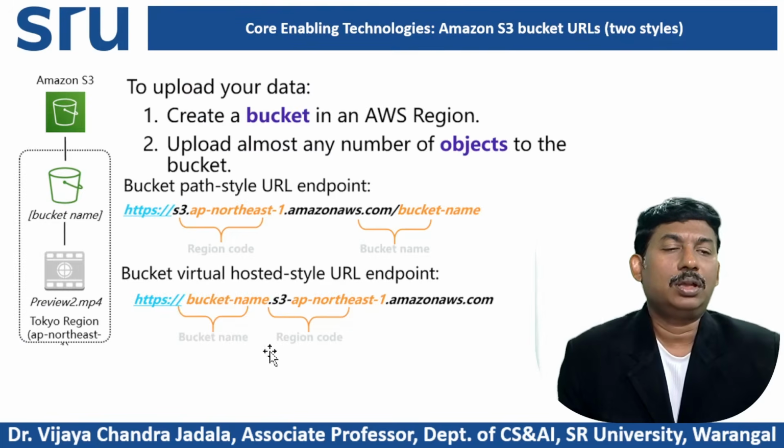Then comes the URLs related to AWS. To upload your data, you have to create a bucket in an AWS region, and the bucket name should be unique.